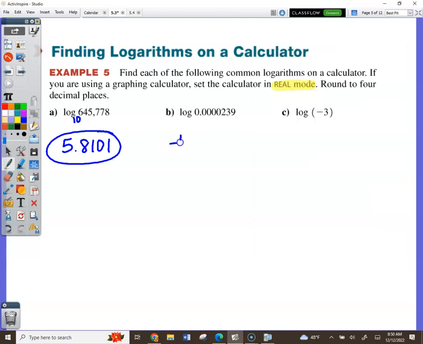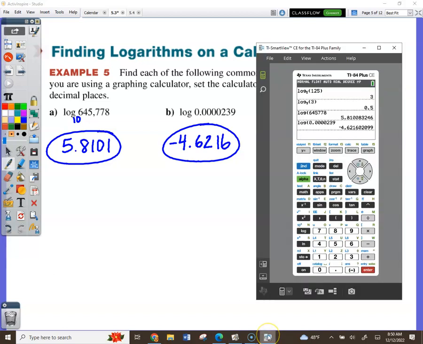Tell me what you got when you rounded. Type the last one in. Log of -3. What happens?